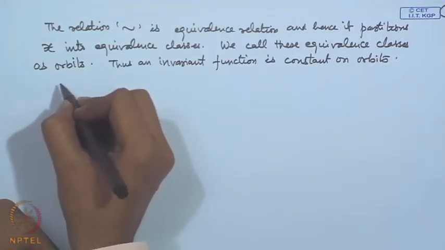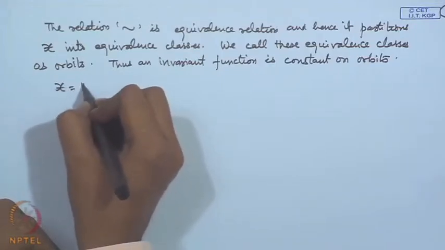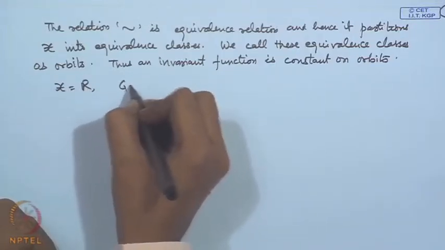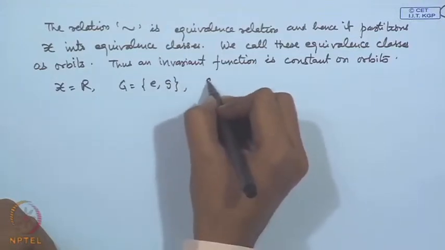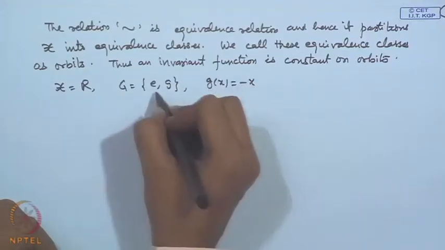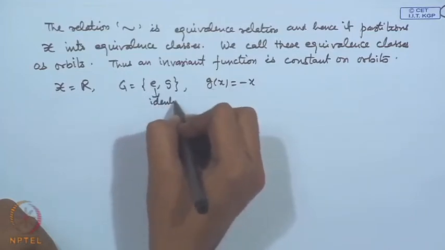Let me take an example. Say X is the real line, G consists of two elements, e and g, where g x is minus x, and e is the identity element.